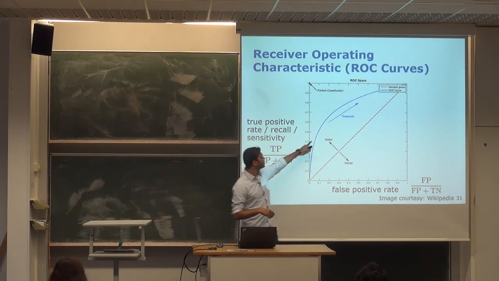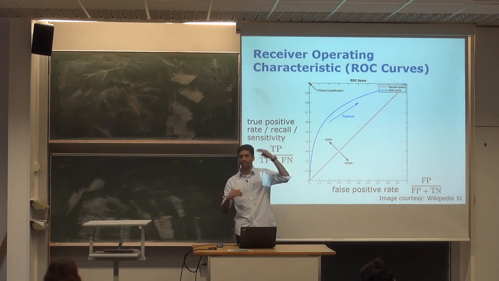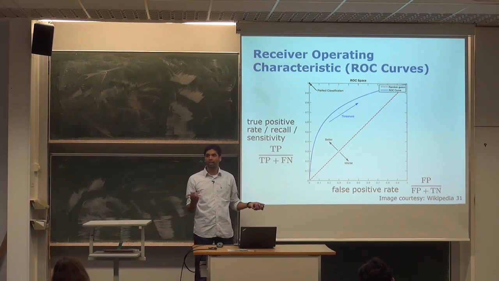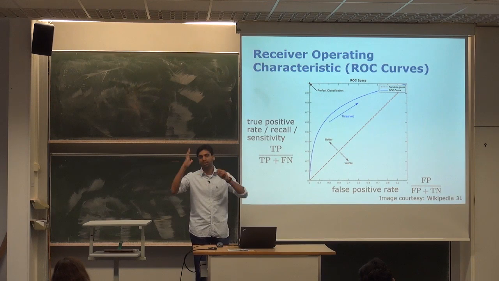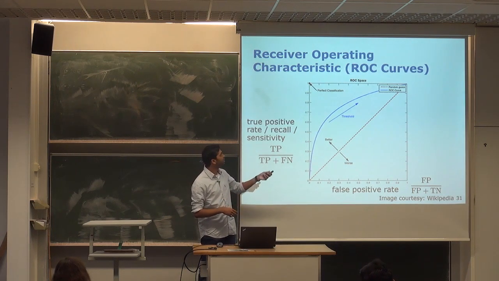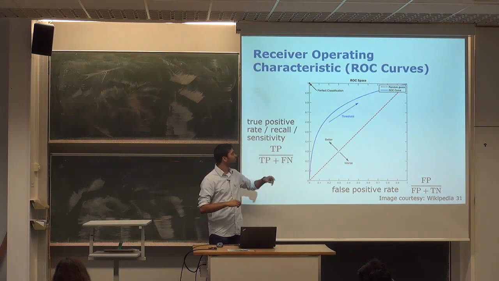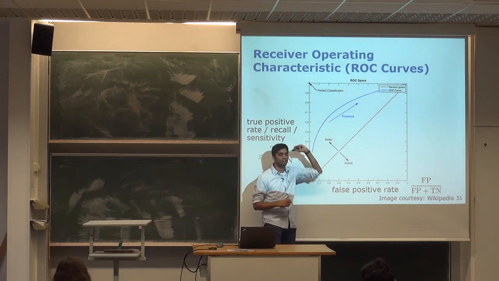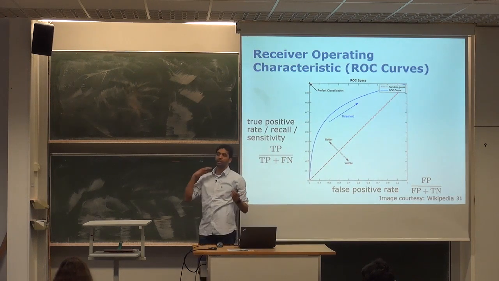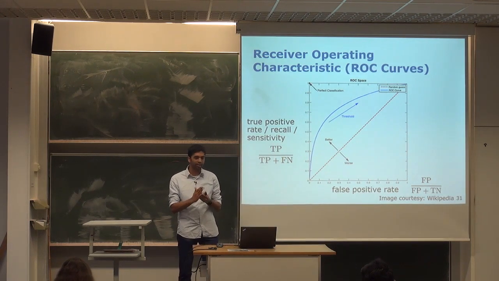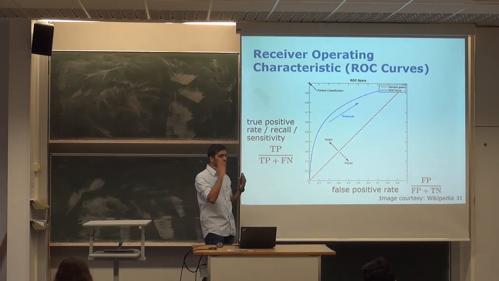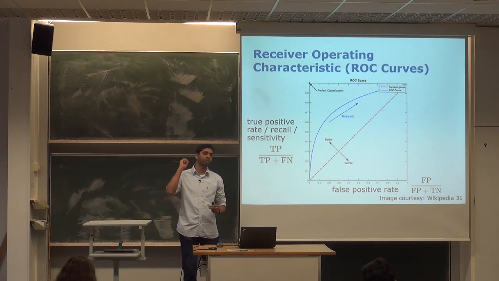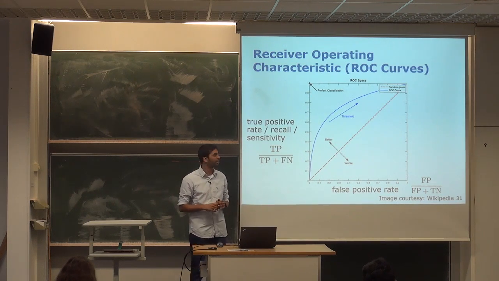So as you change the threshold, which in this case is the height and the width of this box, the performance of your classifier changes, and you would like to come out with that threshold which is as high on this chart and as much to the left as possible. And then you say, okay, my requirement needs that I have a true positive rate of this much and a false positive rate of this much, and then you say, okay, I use this threshold for my classifier, right?